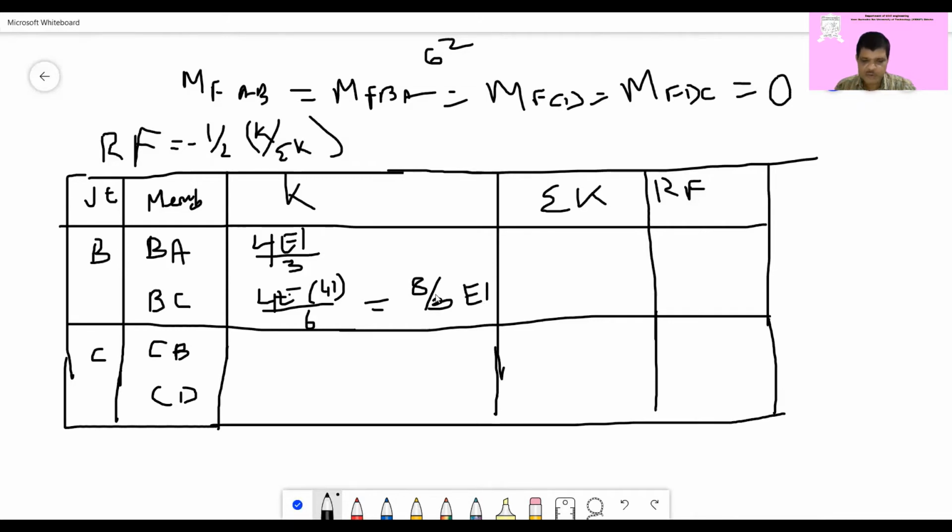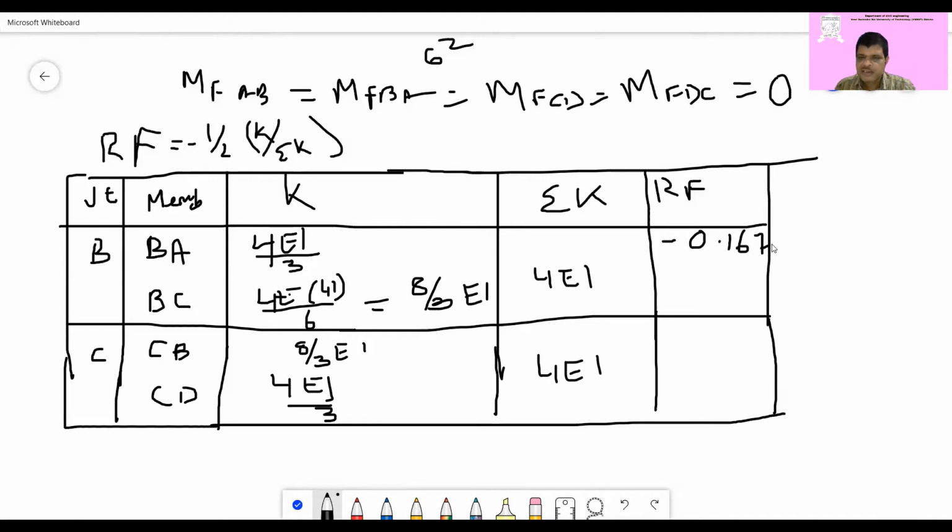Now 4 plus 8 by 3, it will be 20 by 3 EI, sigma K. And here again, CB and BC are the same, so it will be similar 8 by 3 EI. And CD is equal to AB, so again 4EI by 3. So in the similar value, it will come 20 by 3 EI.